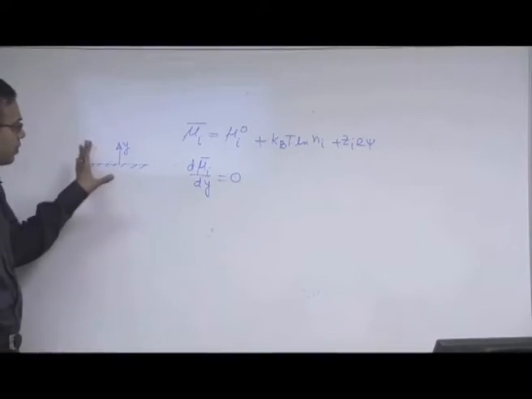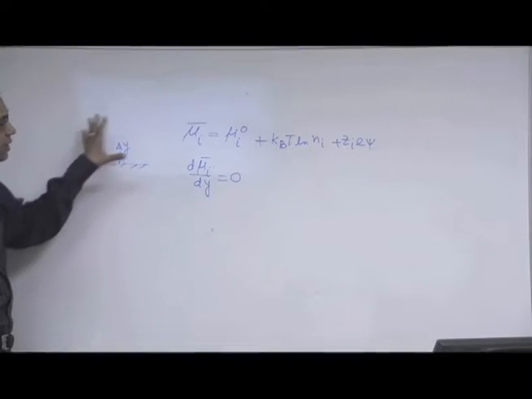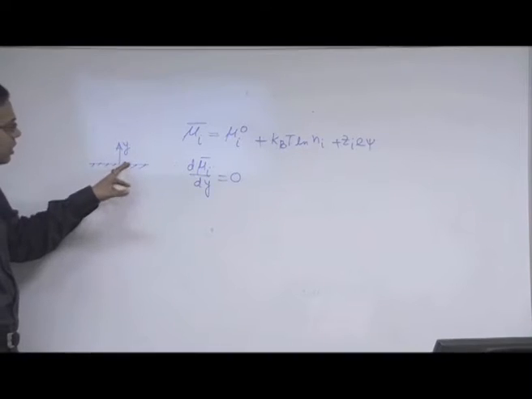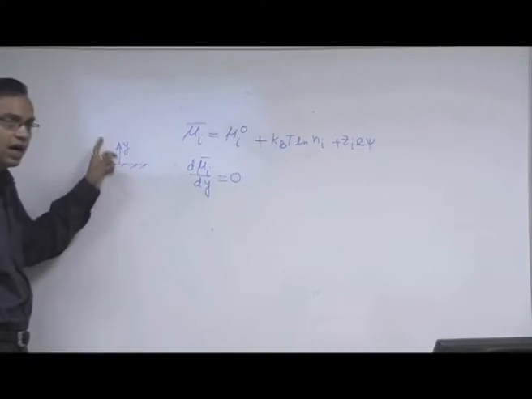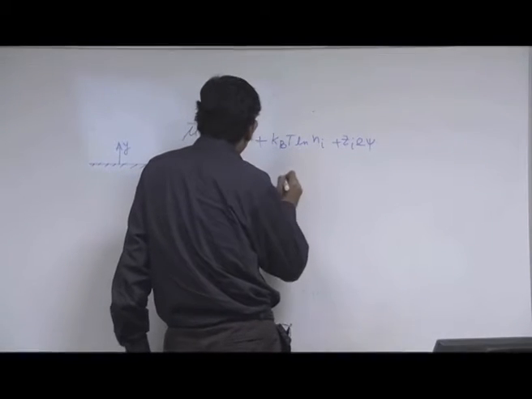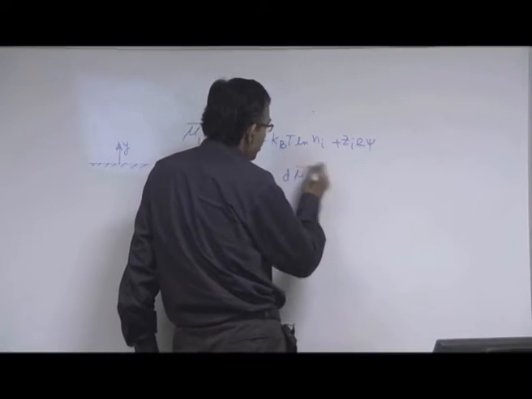Or if you are forgetting about any direction, whether y, x, z or whatever you want to generalize, you can simply write d mu i bar equal to 0.